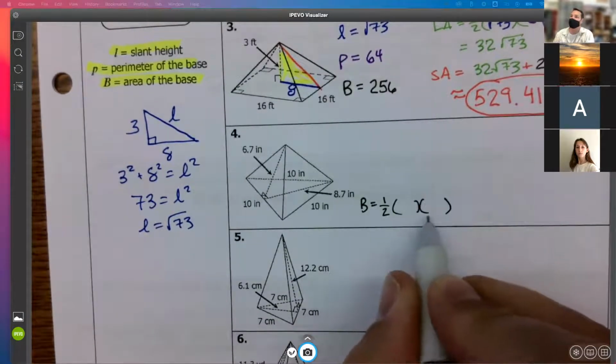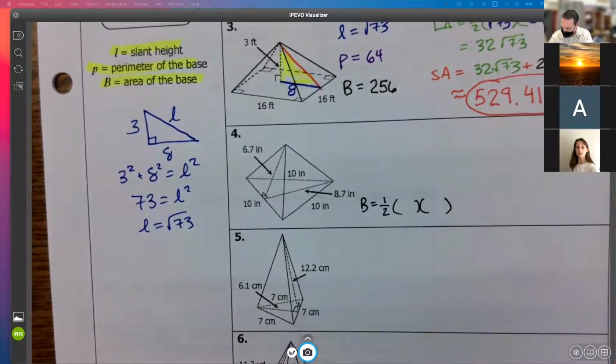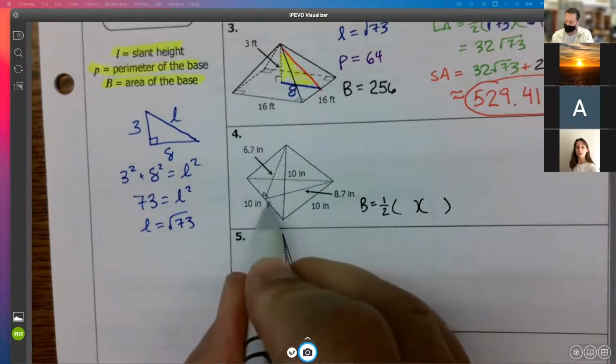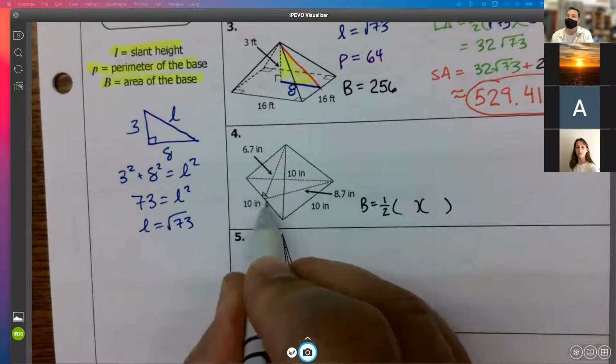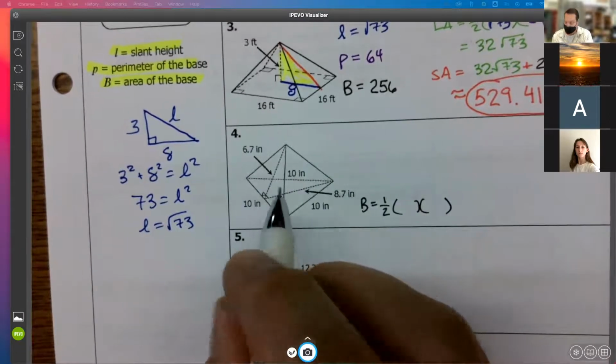And what has to be the relationship between those two things, whether you call them base and height or length and width or whatever? What has to be the relationship between base and height to multiply them together as the area of a triangle? Good. They have to be perpendicular.